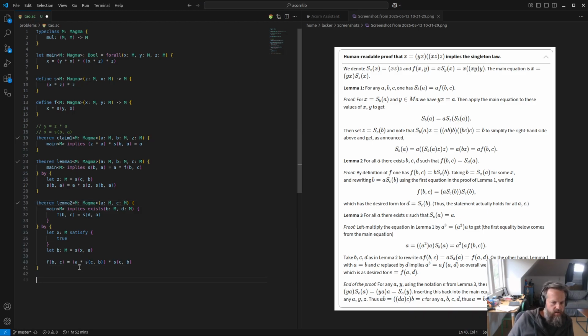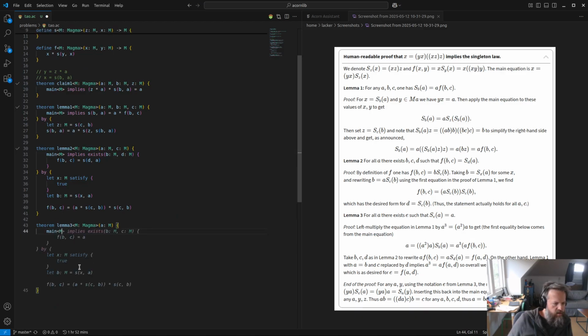Okay, there's lemma 2. Now, let's go on to lemma 3. All right, for all A, there's an E such that SEA equals A. Okay, so for all A, that the main theorem holding implies there exists an E so that S of EA equals A. All right, left multiply the equation of lemma 1 by A cubed.